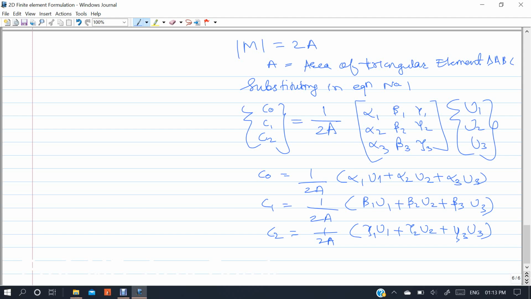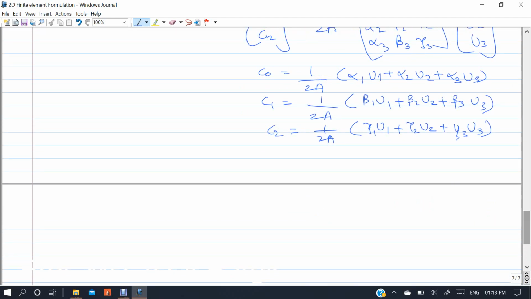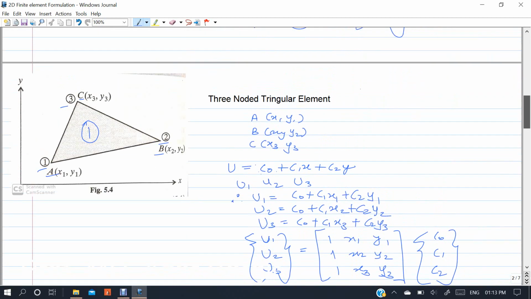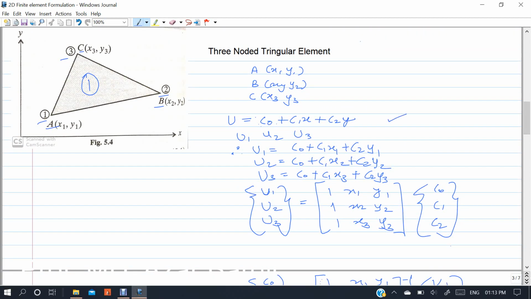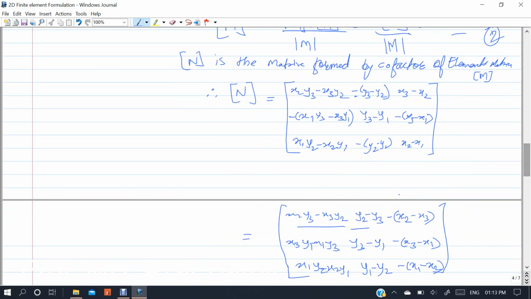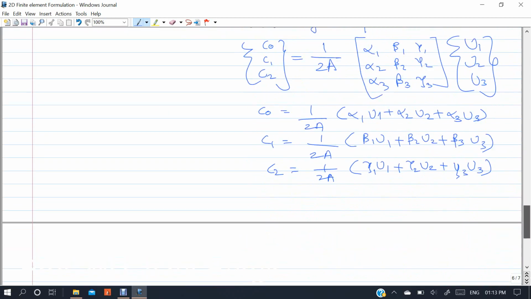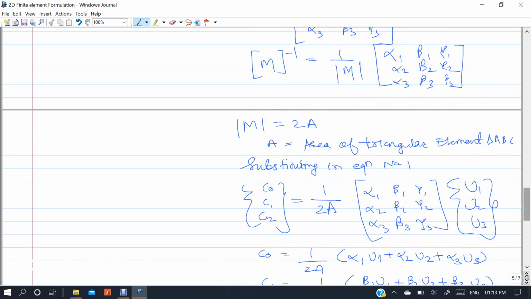So now, substituting in the first equation, suppose this one is equation number 1, this will become equation number 2, this will become equation number 3. Then in equation number 1 we have to change this.